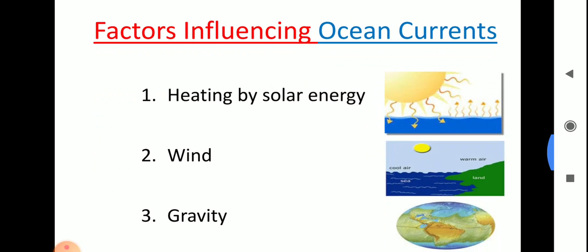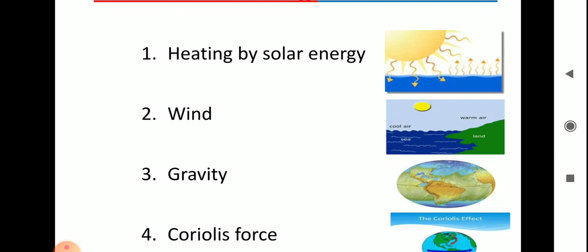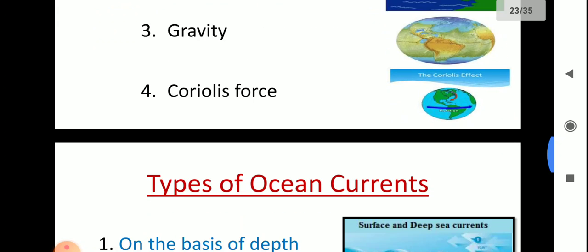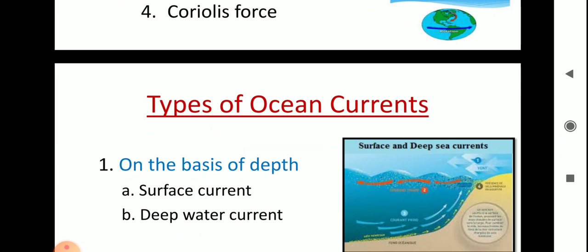First is heating because of solar energy, second is wind, third is gravity, and fourth is Coriolis force. But mainly we take three things here: heating, gravity and Coriolis force. Clear? Types of ocean currents on the basis of depth: surface current and deep water current.